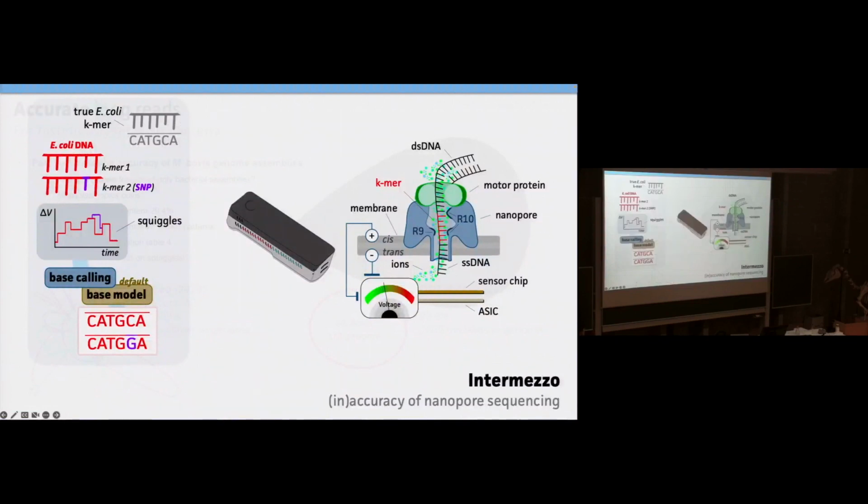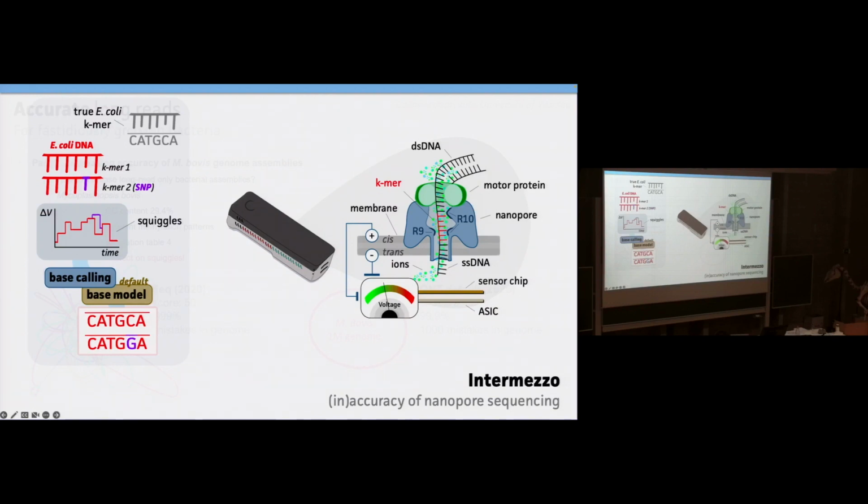So we trained a model, but it's a kind of complex situation, and I'm going to guide you through. This is how the standard situation is done. If we have a normal bacterium, E. coli, for example, that's easy to sequence, we get our true sequence on the top, and we get our voltage difference represented like the squiggles.